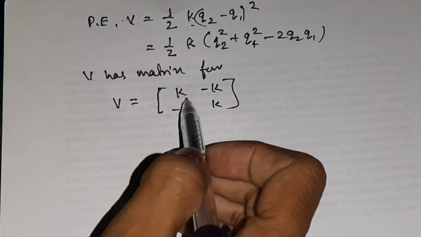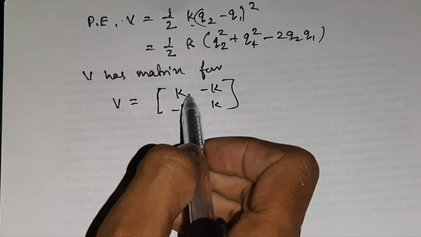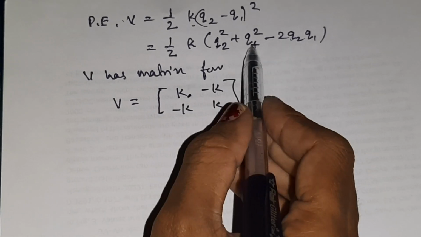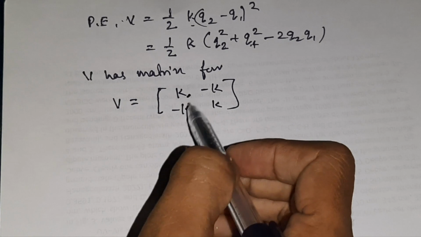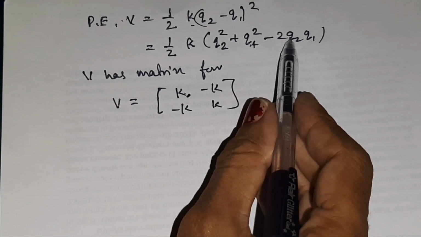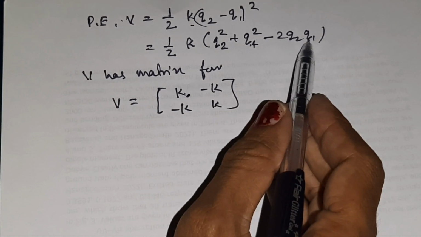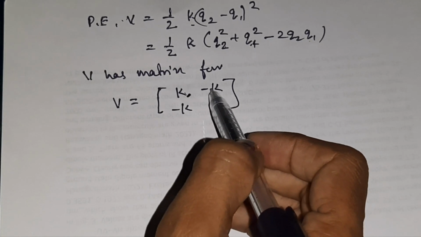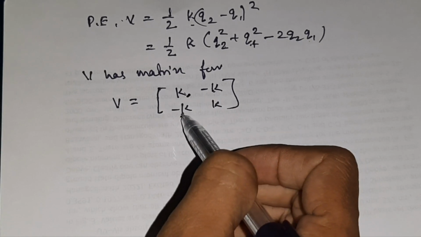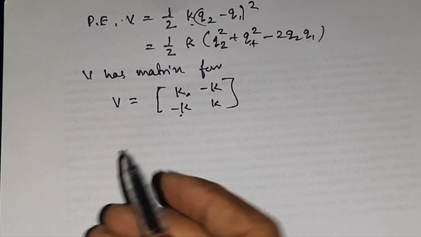The coefficients of Q1 square and Q2 square are positive, and for the product of Q1 and Q2 we have minus K for the negative sign.